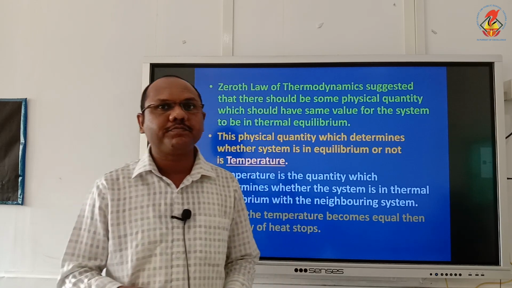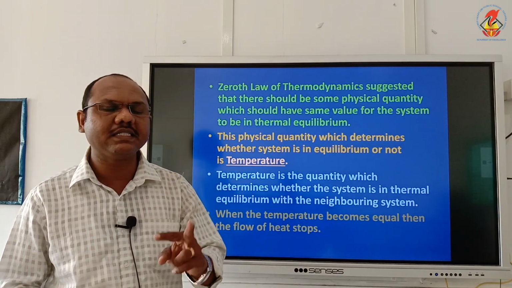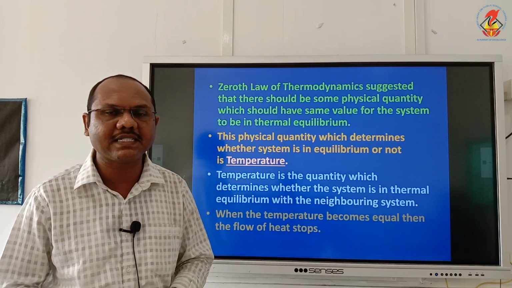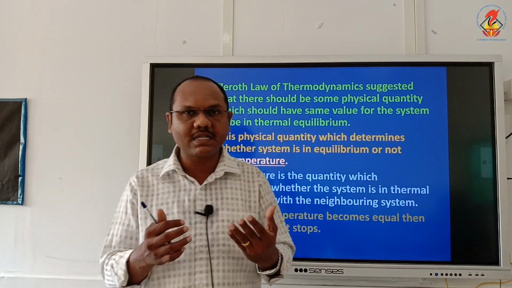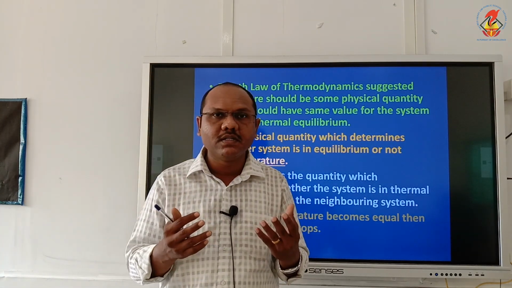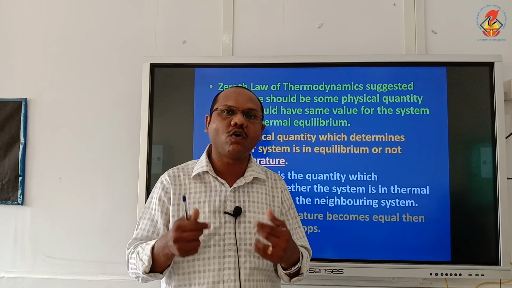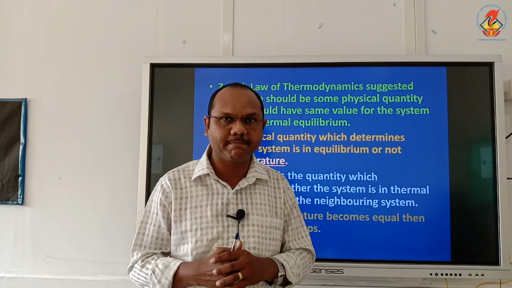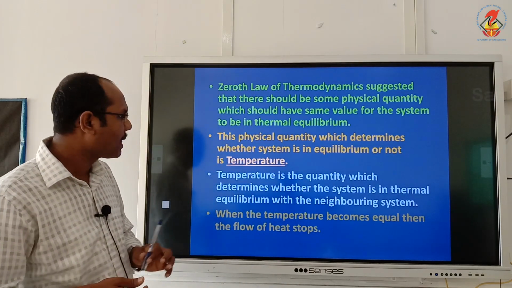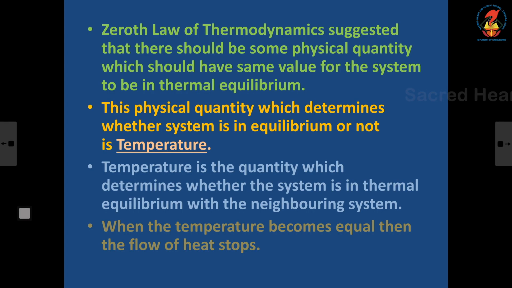That is why, when all three systems A, B and C in my previous example are in thermal equilibrium, all of their temperatures remain the same. So temperature is the quantity which determines whether the system is in thermal equilibrium with the neighboring system. And when the temperature becomes equal, the flow of heat also will stop.